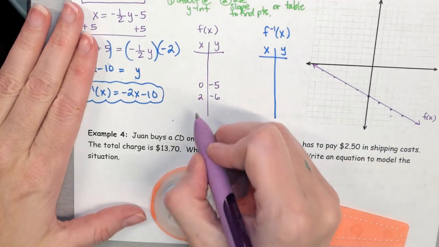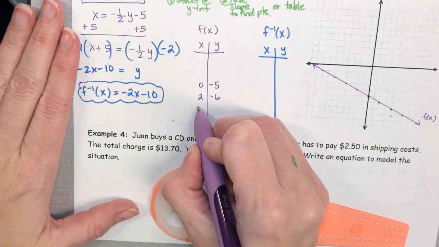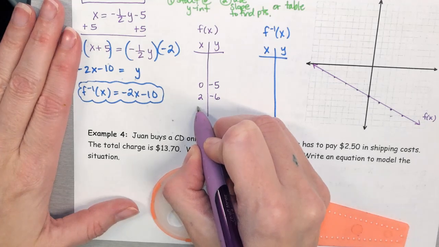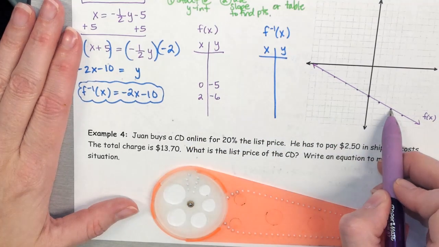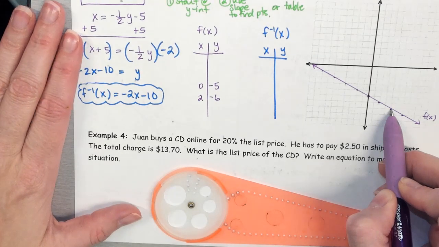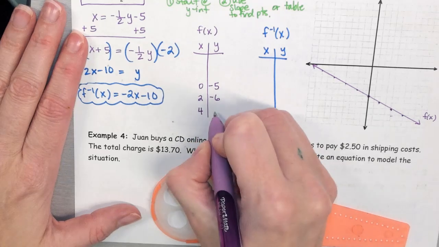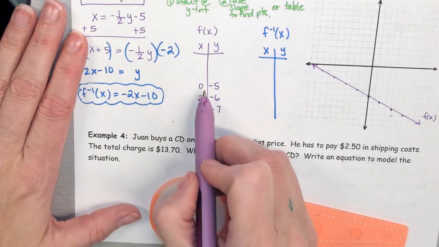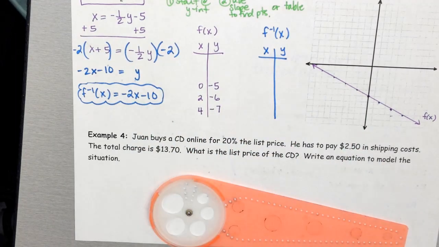So when I do that again, where am I going to be on my x? So what's this point? 4, -7, because you're going over 2, down 1. Okay, so then let's do 5. That's our magical number.